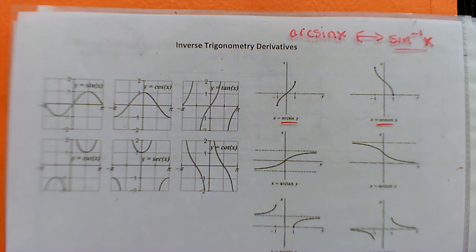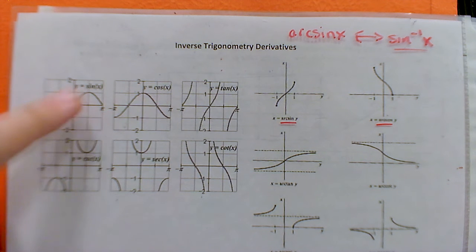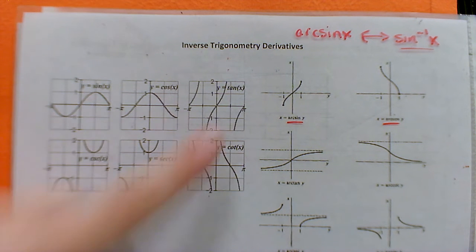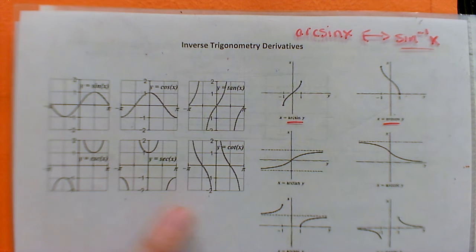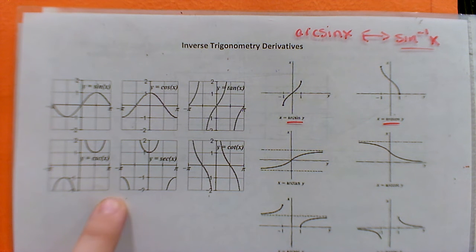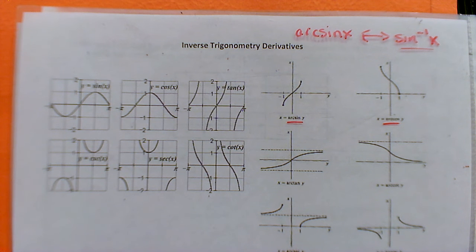Okay, so I'm hoping that these graphs on the left-hand side look familiar. I know in the past you've graphed sine, cosine, tangent, and maybe even their reciprocal functions. But I want you to realize that if we know what the graph of an original function looks like, can't we then simply switch the ordered pairs and we would then have the graph of the inverses?